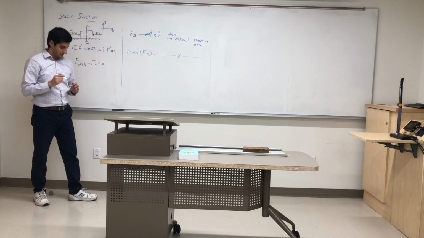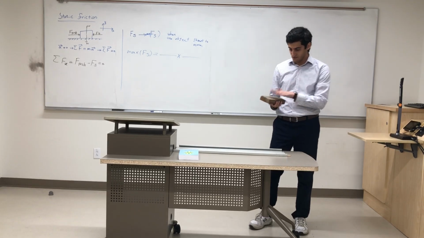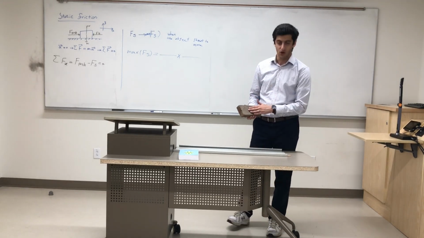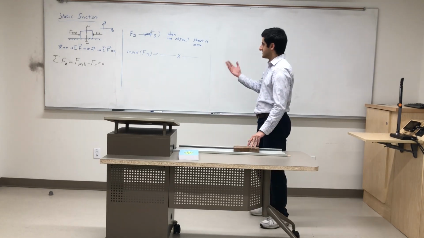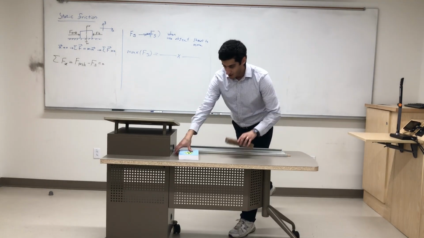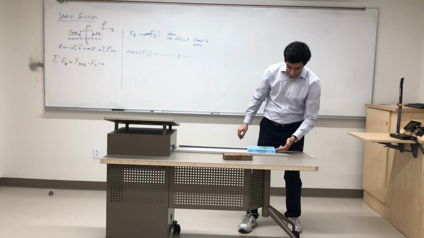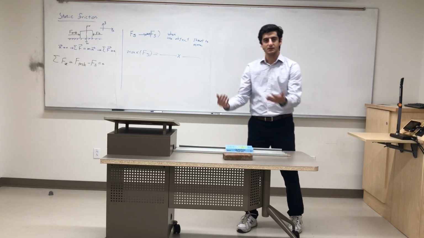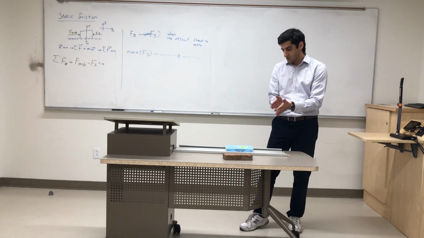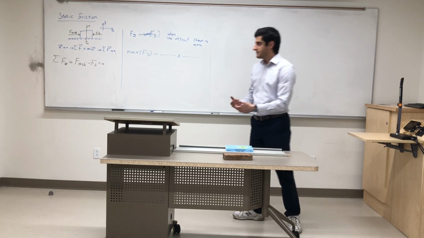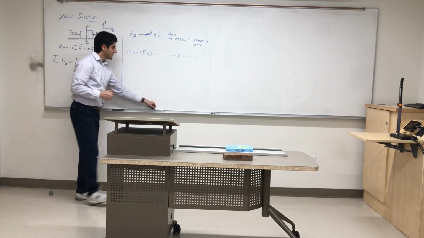Okay, this maximum static friction is determined by two factors. One is the physical properties of two surfaces. If the surfaces are rough, they can grip each other better, the maximum static friction is larger. Instead of the brick, if I use the book, I need a smaller force for starting the movement. So that means smooth surfaces give me a smaller maximum static friction.